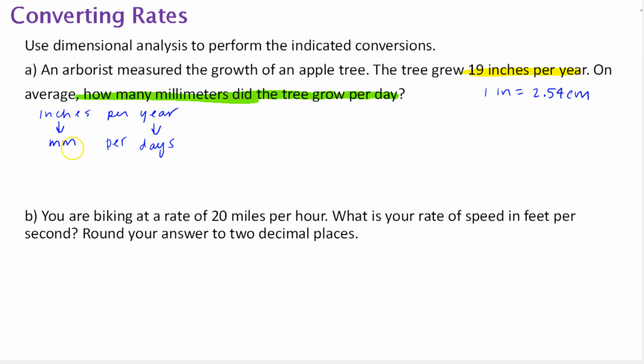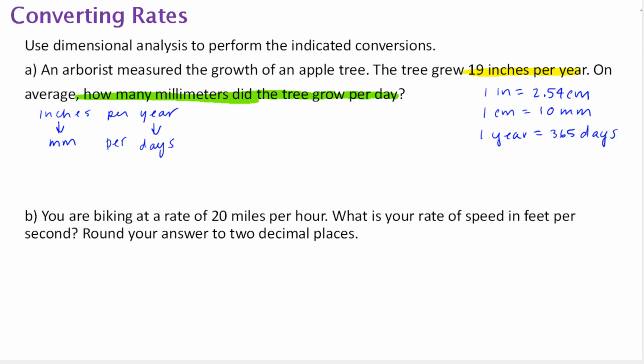Okay, but we need millimeters, and so I'll also add that 1 centimeter is 10 millimeters. Okay, so if we use these two equations and set them up as factors appropriately, we'll be able to change inches to millimeters. And now we want to go from years to days, and we know that 1 year is 365 days, assuming it's not a leap year.